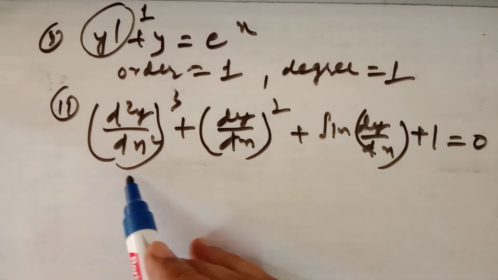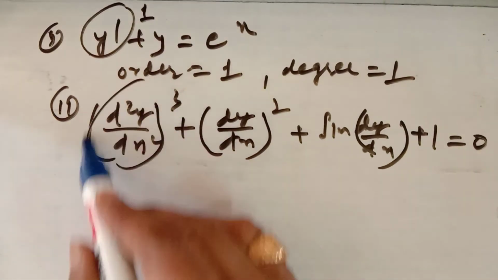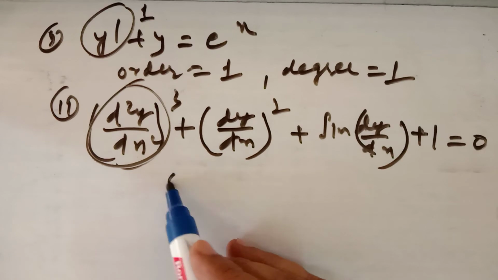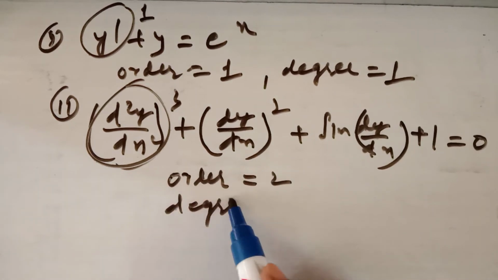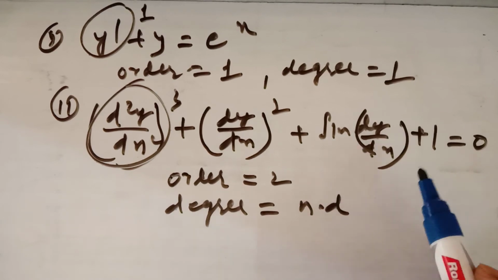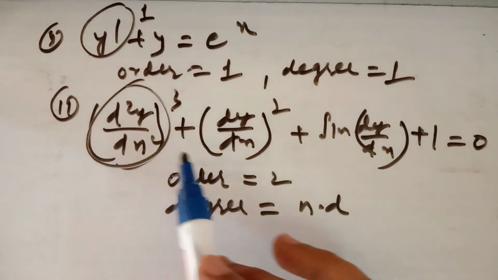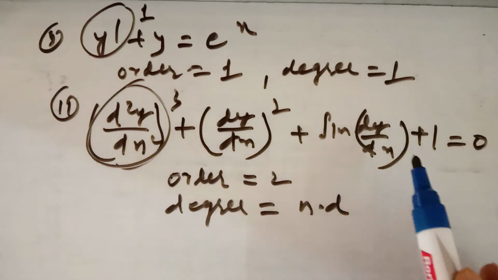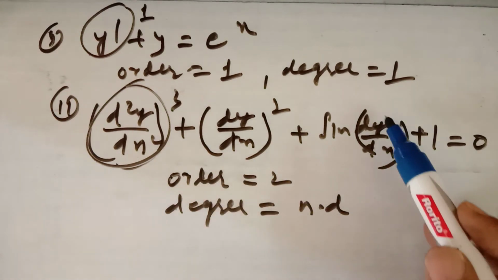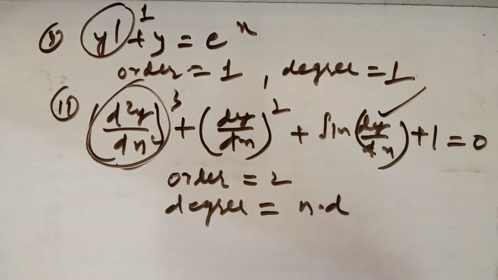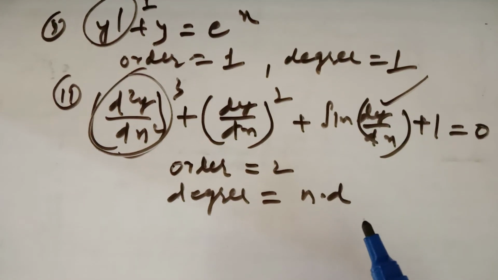Now here the highest derivative is 2, at most the second derivative, so its order is 2. And degree here is not defined. Why is it not defined? Because this equation is not a polynomial equation in terms of its derivative, as dy/dx is inside the angle of the sine. So its degree is not defined.